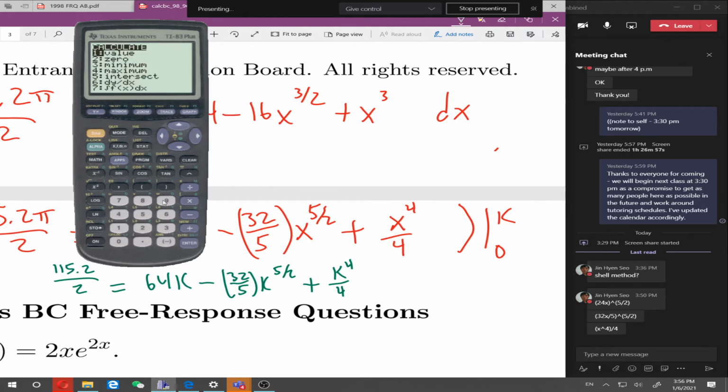Let me try just calculating intersect right now. Okay, so we do have an intersect even though it's right on the edge of our screen and I can't see that. I'm going to try to change the window so that I can see that intersection again.